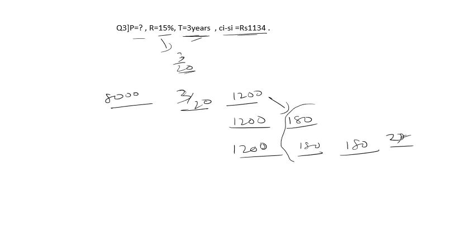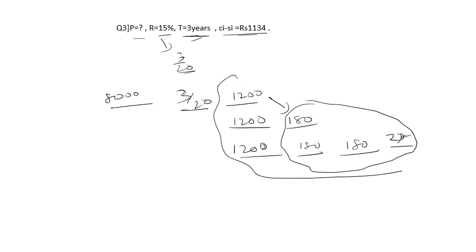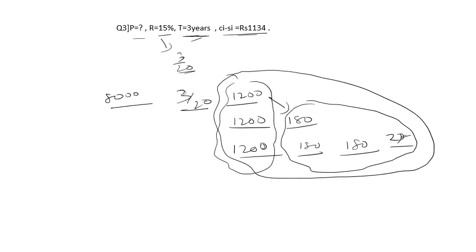The difference of CI and SI for 3 years is this part, because this complete part is your CI for 3 years. This part is the SI for 3 years, so the difference arises only from this part. And this is 180 into 3, 540, plus 27, 567.